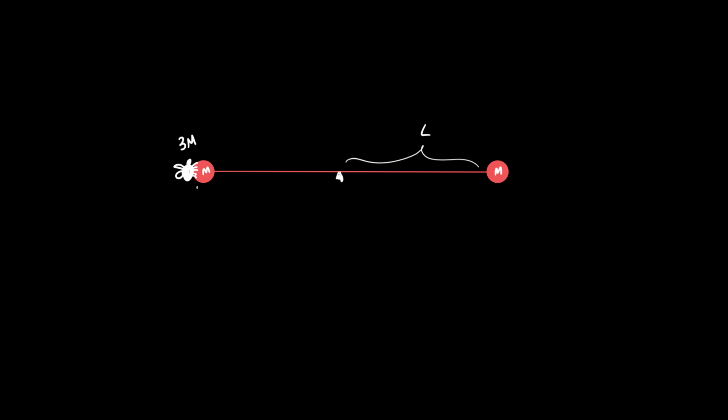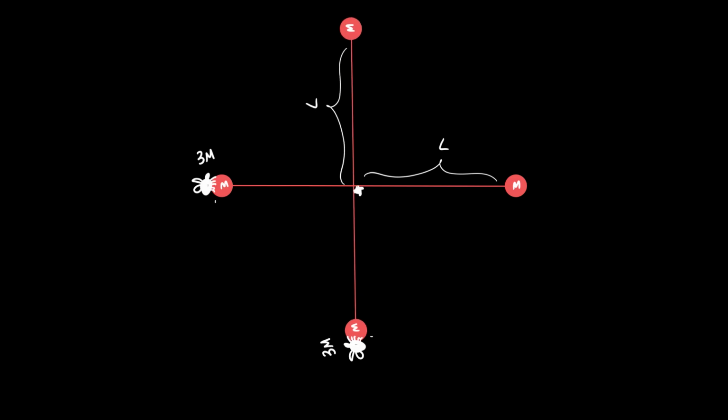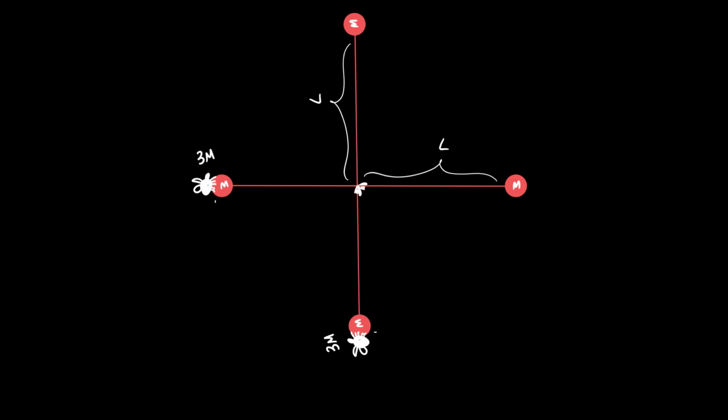And the system is going to rotate. So let's consider the final state of the system. If I can, give me a second. There we go. So the final state of the system will look like that.